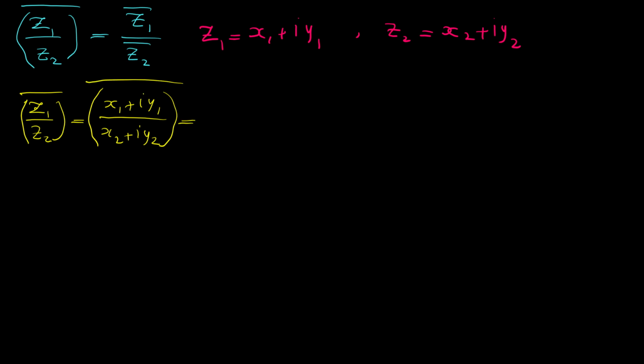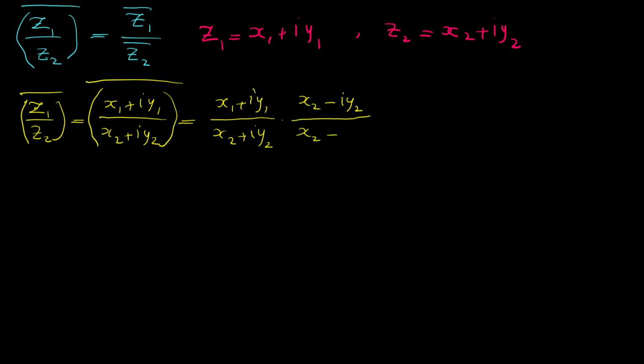We have to divide these two complex numbers by each other first, and then we have to calculate its conjugate. Remember that to divide a complex number by another complex number, the method is to multiply numerator and denominator by the conjugate of the denominator.